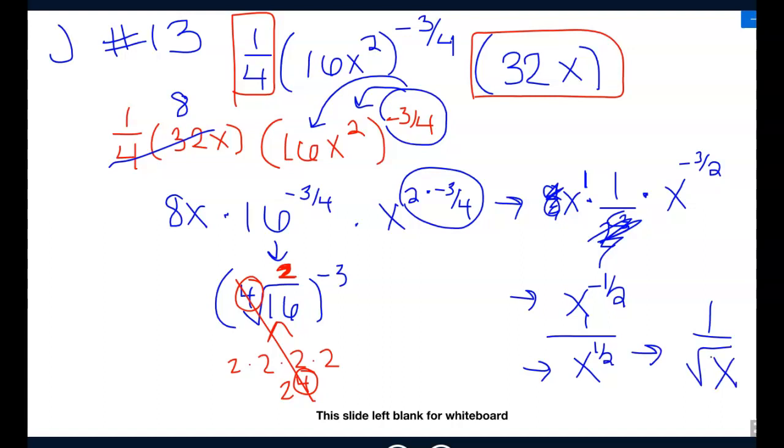But remember what I told you, we don't like radicals. So I would stop here. This is unnecessary work. You don't need to go there.